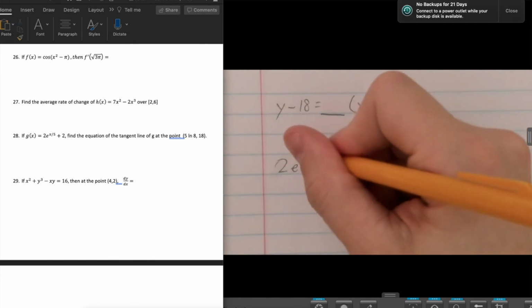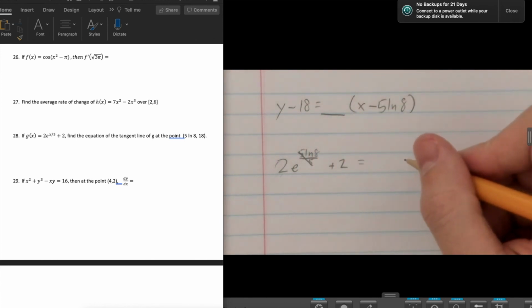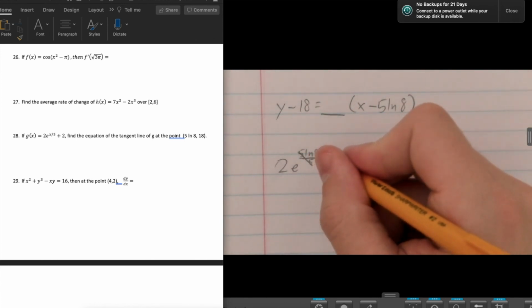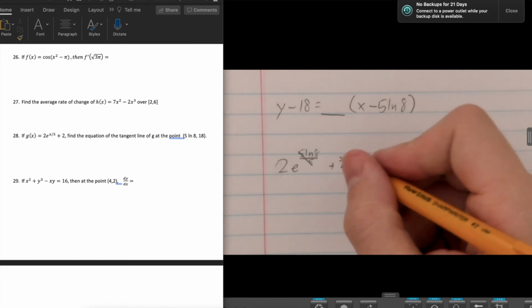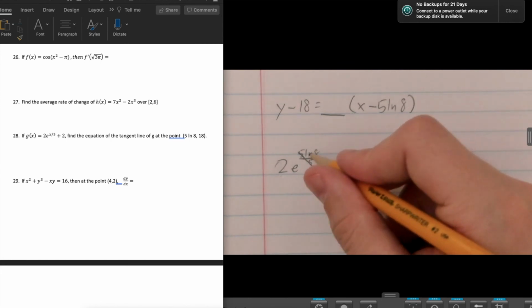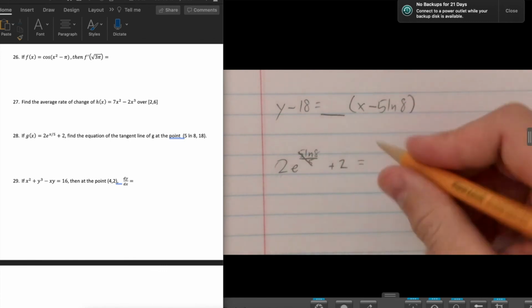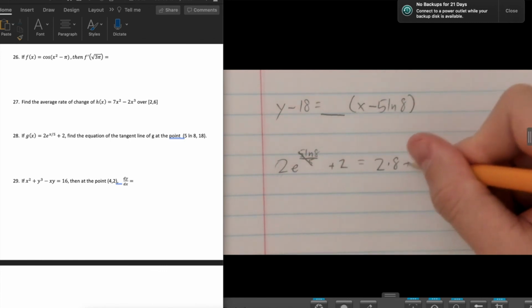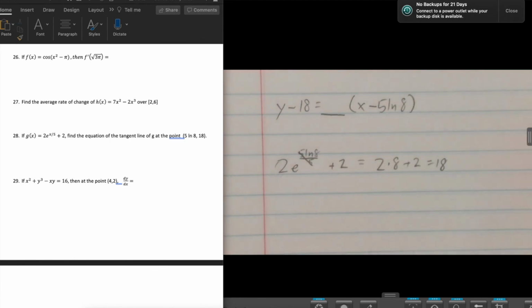What happens there is our 5 over 5's cancel, and now this reads as 2e to the ln 8 plus 2. Long story short, if you have e to the ln of something, e to the ln just cancels out, so we just have 2 times 8 plus 2, and that's how they got 18. So that's showing you why the y value is 18.